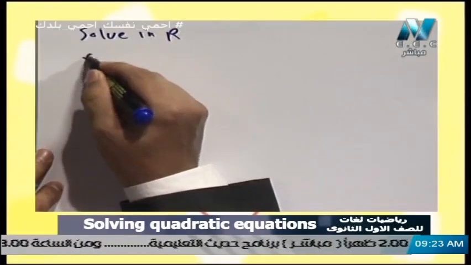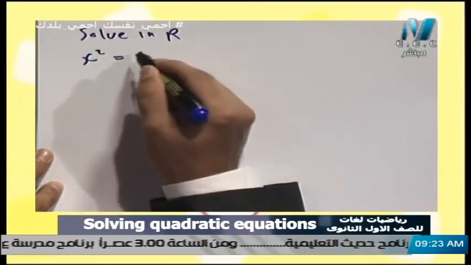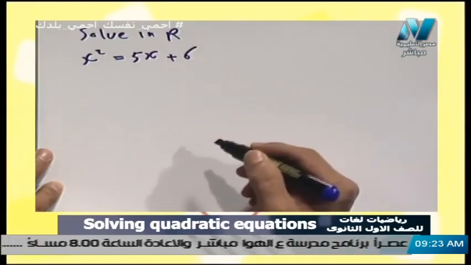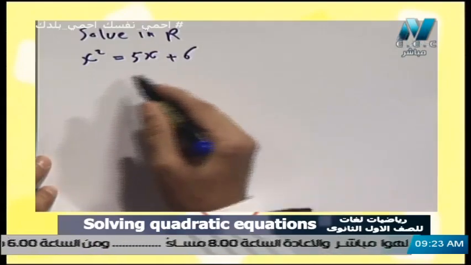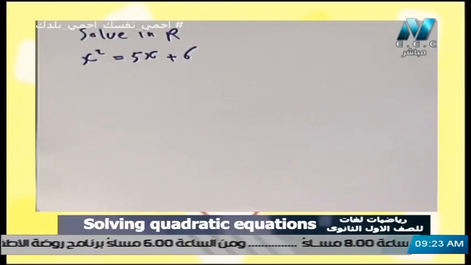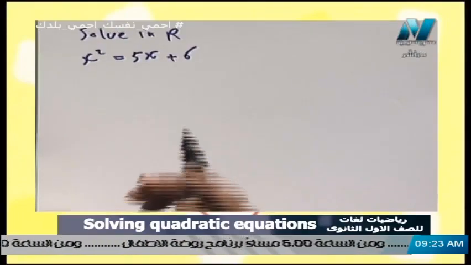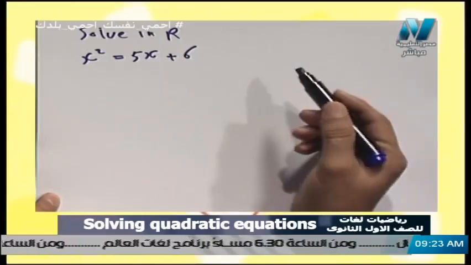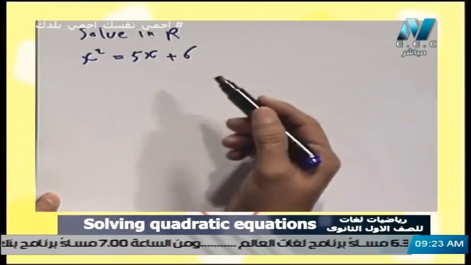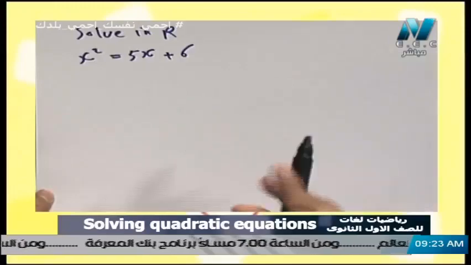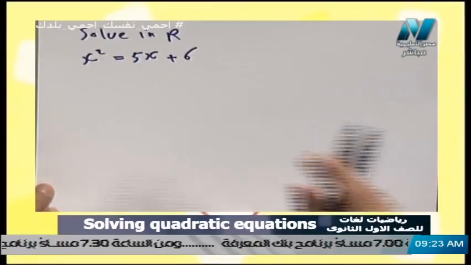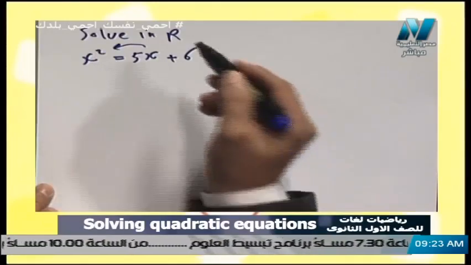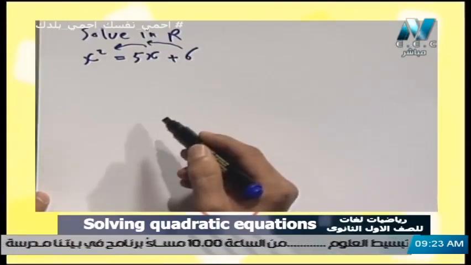We have here x power 2 equals 5x plus 6. Here we have a small problem. The problem is that x power 2 is on one side and 5x plus 6 is on the other side of the equation. So we will transfer 5x to be negative 5x and 6 to be negative 6 on the other side.